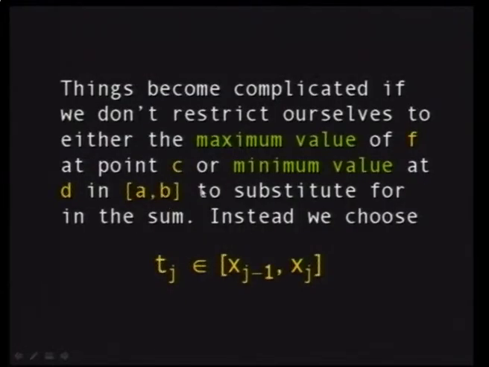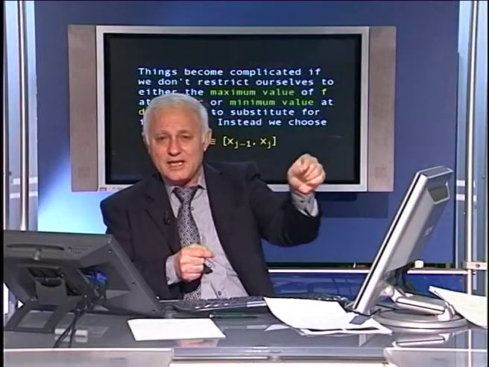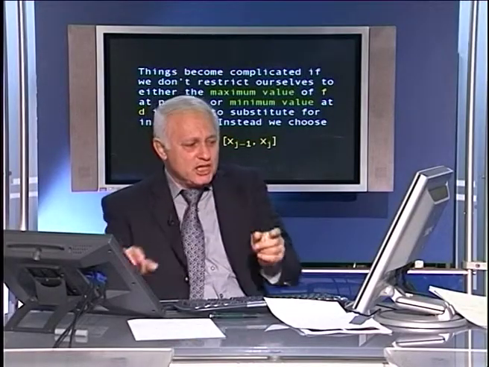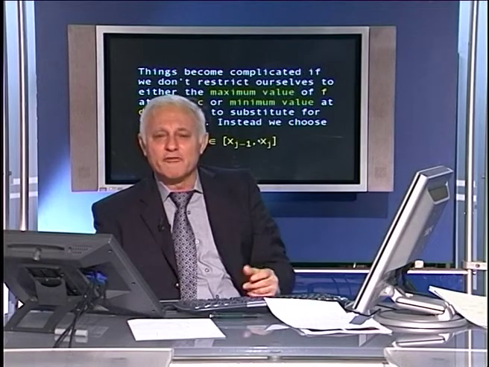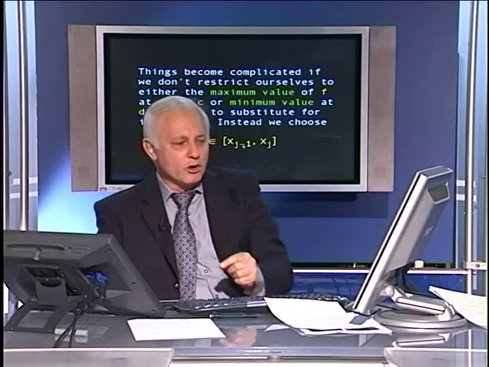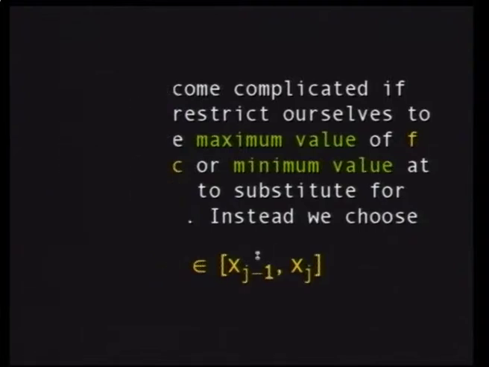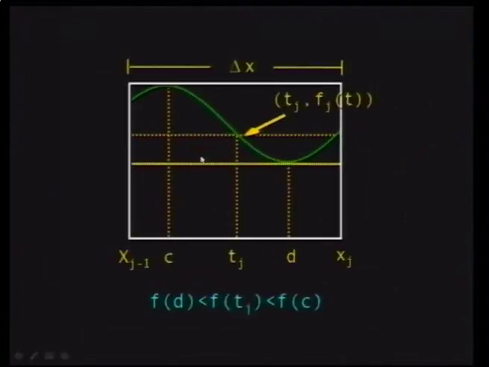But it's not necessarily that you multiply the base delta x times the height f at C or D, which is what we did in this example. You can take any point tj inside each subinterval from the point xj minus 1 to the point xj. So this is the first release. Here, this is one partition from xj minus 1 to xj.